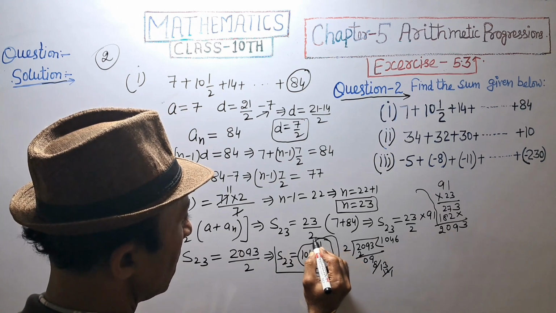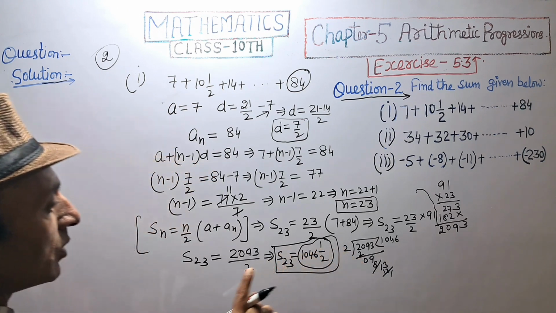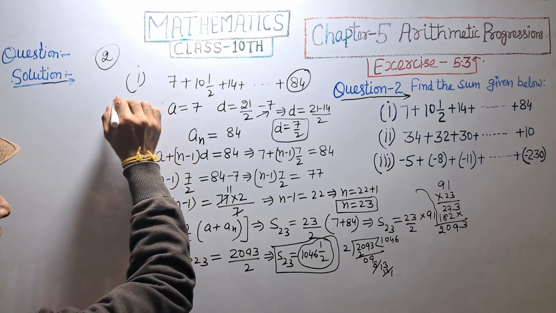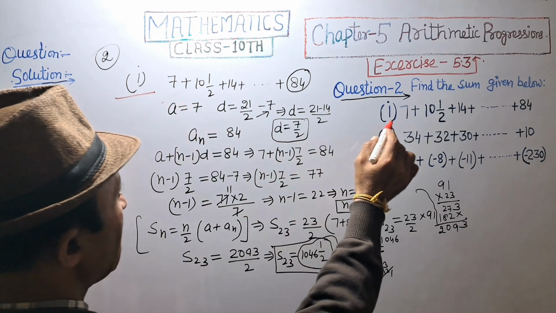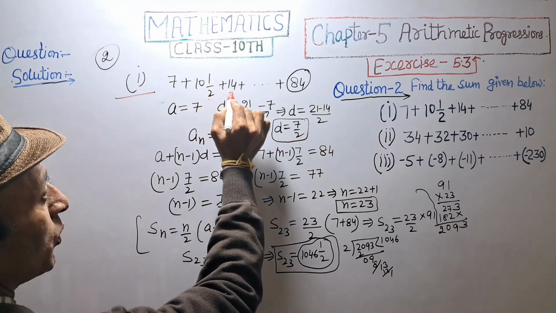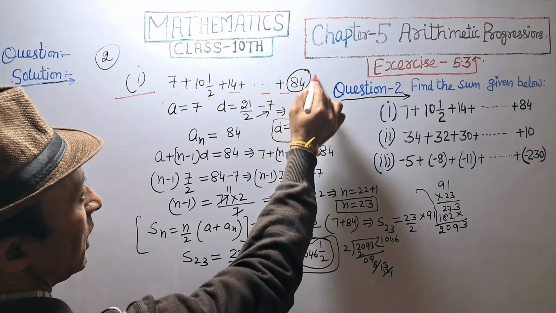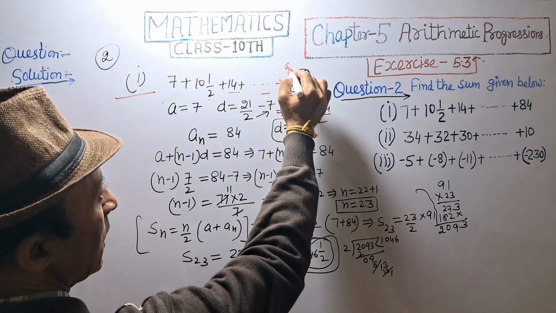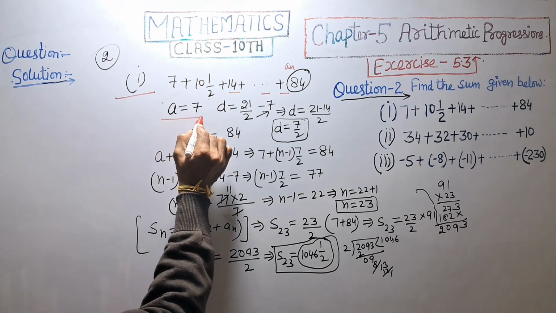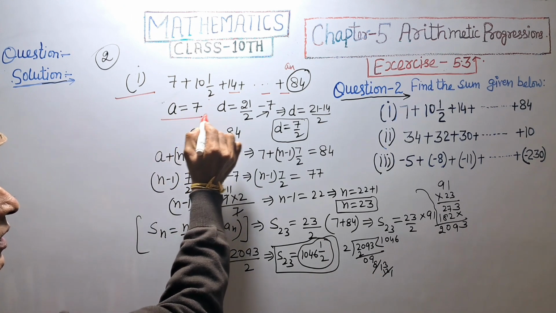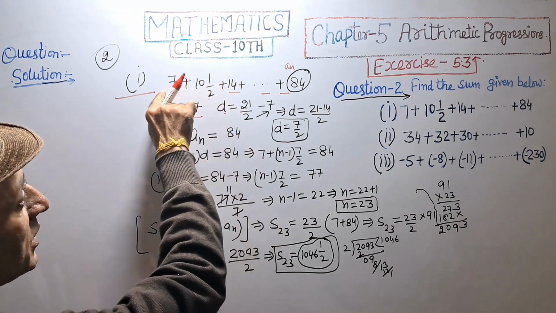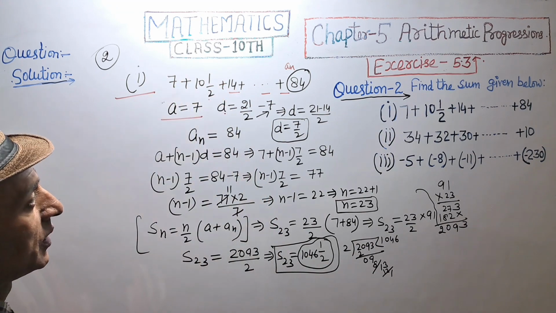That is the value of S23. First of all, we have the given AP: 7 plus 10 whole 1 upon 2 plus 14 plus so on. The last term, that is An, is equal to 84. A is the first term, that is 7. Common difference is equal to the second term minus the first term.